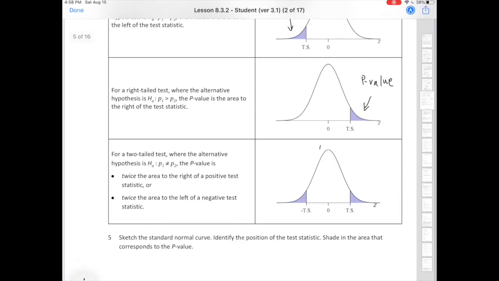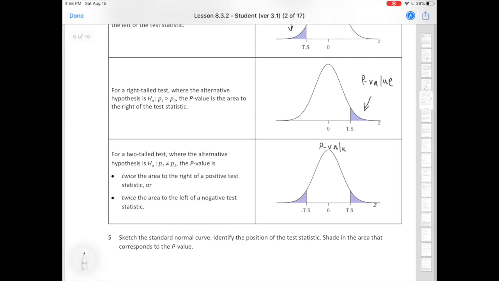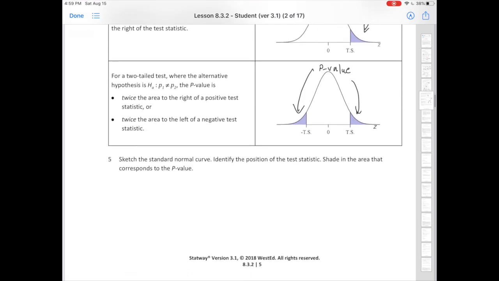So for this, remember the p-value is that piece plus that piece, but they are the same because of symmetry, and so we could just calculate either side and then double it. Okay, sketch the standard normal curve and identify the position of the test statistic and shade in the area that corresponds to the p-value.